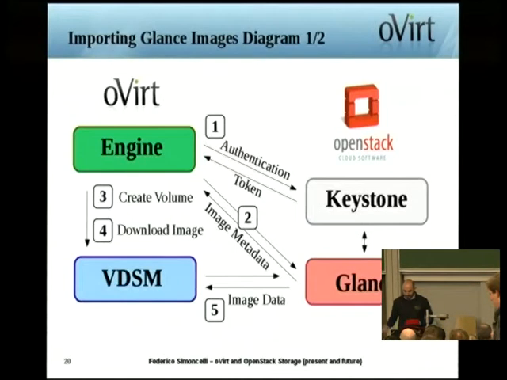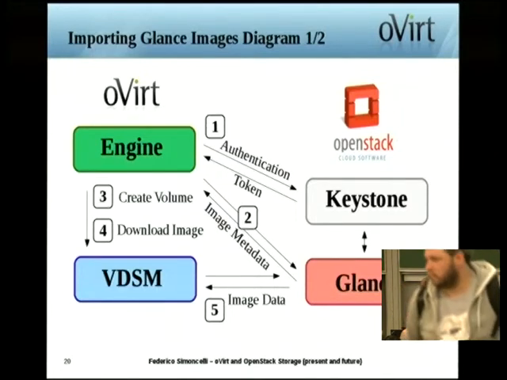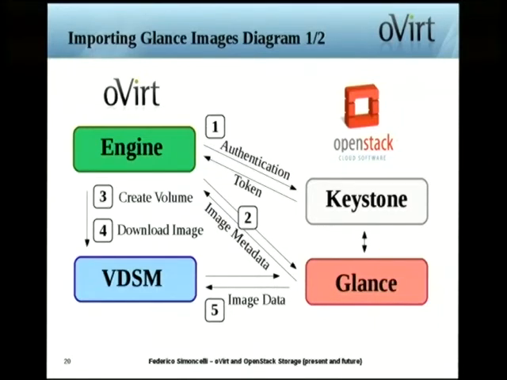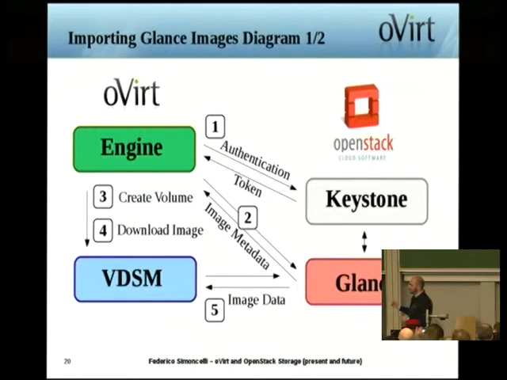And what happens behind the scenes is the engine again going to Keystone to request a token. It goes and discovers the image metadata from Glance so that it can create the internal representation of these images inside the engine.